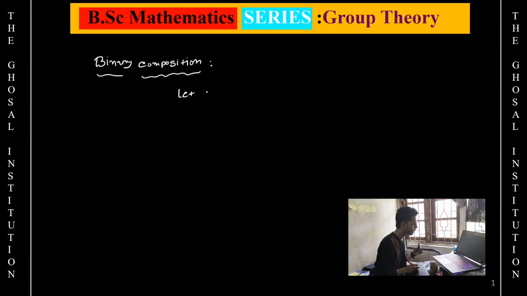Let A be a set, A not equal to empty, that is, A is non-empty. And a binary composition is a mapping F defined from A cross A to A. Do you know what A cross A is?